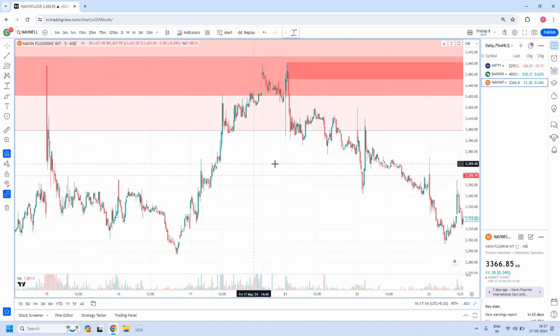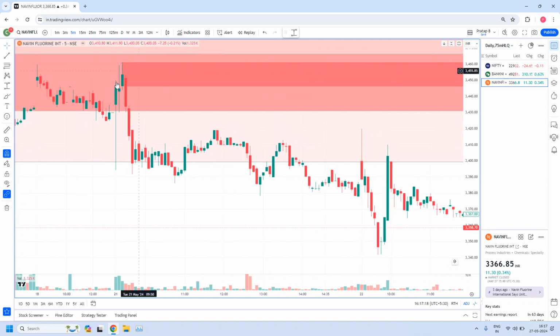But what happened? A dynamic zone was created during the last trading session. That is Tuesday. In the last session we discussed dynamic zones. We have an ERC candle, leg candle, we have a base candle, we have a drop candle. An excellent 5-minute zone was created dynamically during the live market, but that day prices did not enter into this zone.